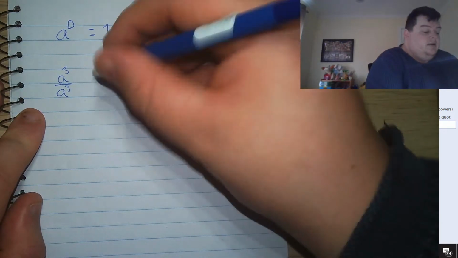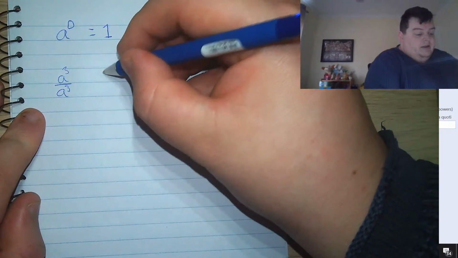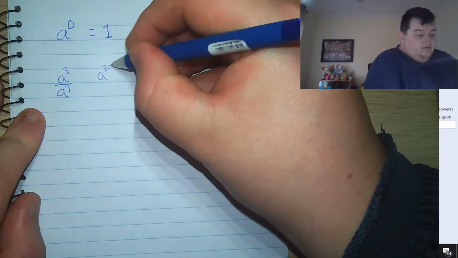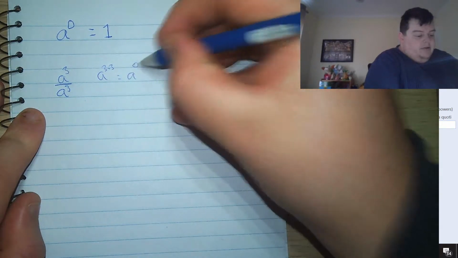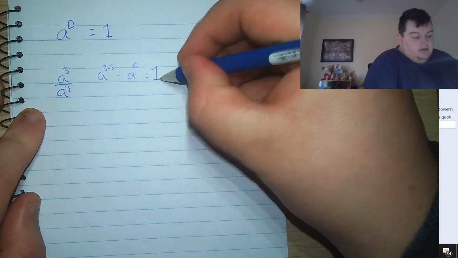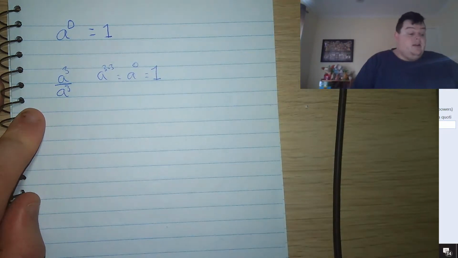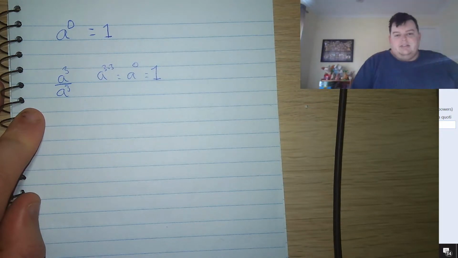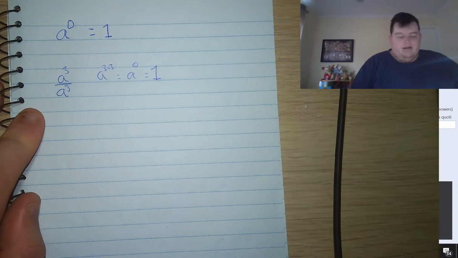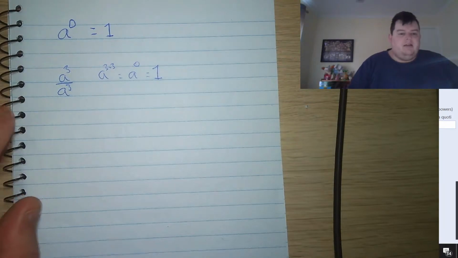So, of course, if you follow the index law rule that we know, that equals a to the power of 0, which equals 1. So let's say that that was the number 6. Number 6 divided by 6, because it's itself, that just equals 1. And that's the general idea behind it.